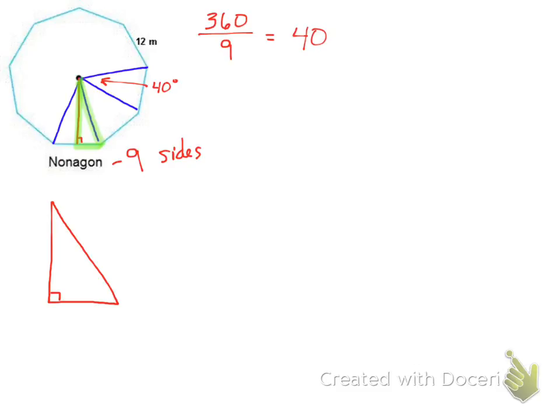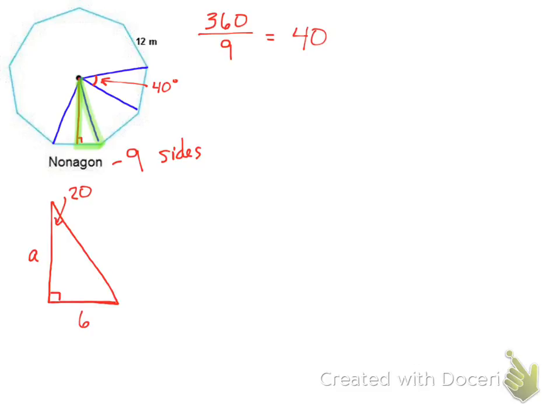This is my apothem, this vertical piece, and since this big central angle is 40 degrees, this one is going to be half, because the apothem cuts the triangle in half. So this one's going to be 20. I know that each side length is 12, so this bottom piece right here is going to be half of 12, which is 6.